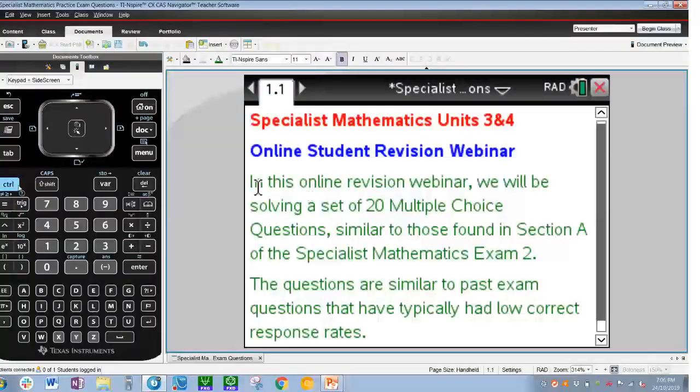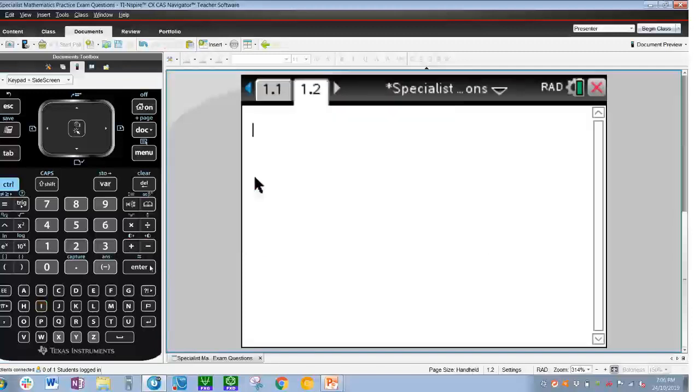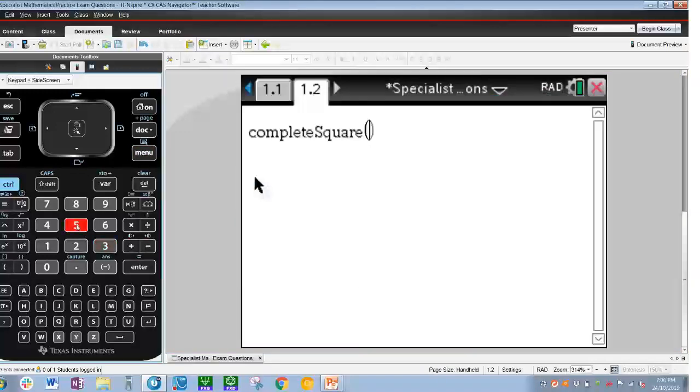I'm first going to open a new page, so Control-I, and open a calculator page, enter. I'm going to type in the equation, but before I do that, I'm going to ask it to complete the square. Menu, 3 for algebra, and then 5 for complete square. Now I'll type in the equation as I see it on my paper: 3x squared plus 3y squared minus 7b.